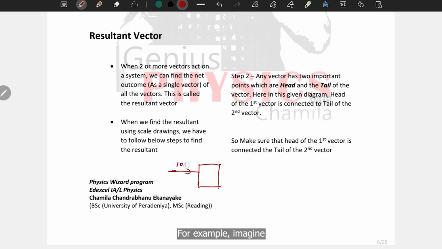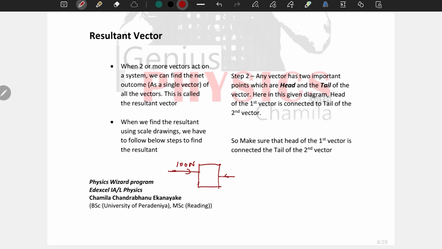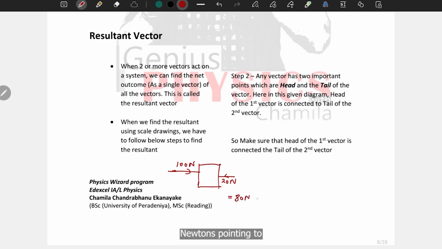For example, imagine one force is pointing to the right, 100 newtons, and the other force is pointing to the left with 20 newtons. We can directly find the resultant, which is 100 minus 20, which is 80 newtons, pointing to the right. It's very simple.